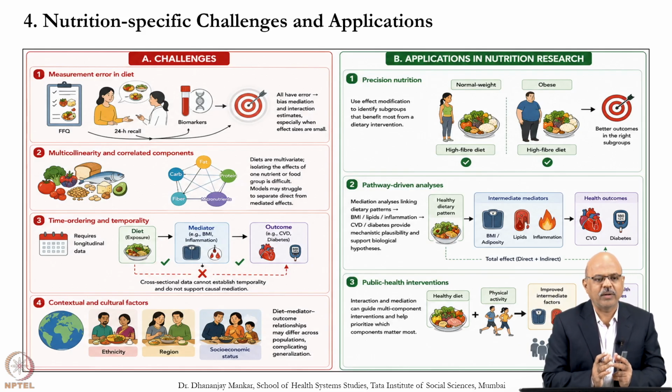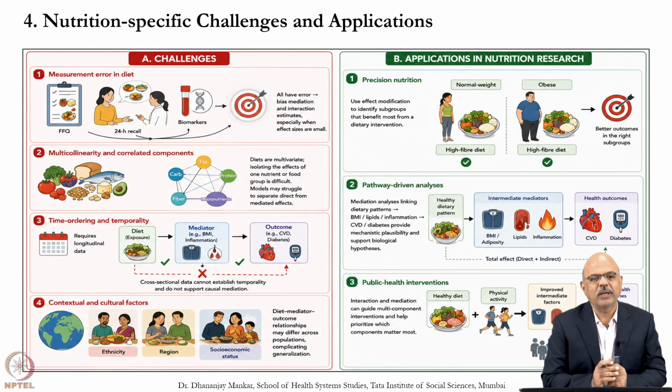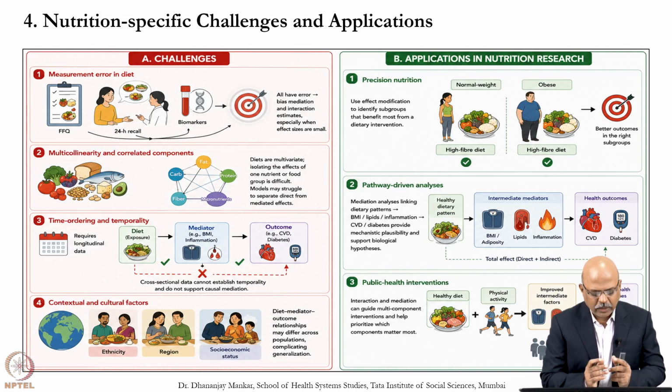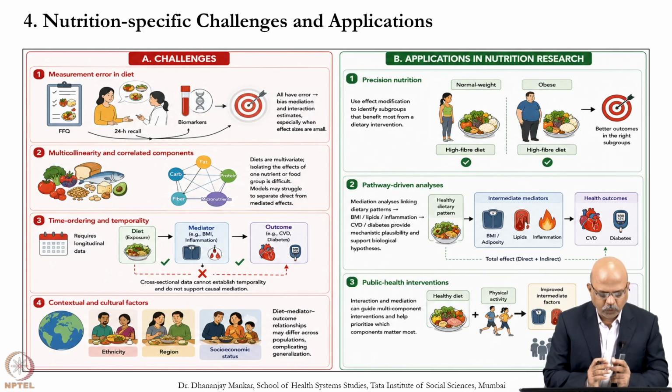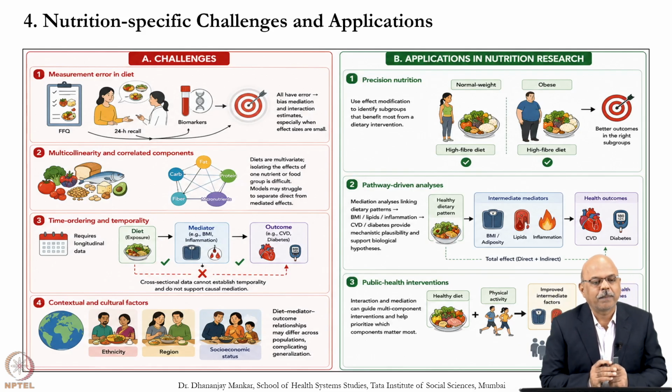So measurement error in diet is the first challenge. Second is multicollinearity and correlated components, as diet is multivariate. Isolating the effect of one nutrient or a food group is difficult. Models may struggle to separate direct and mediated effects.